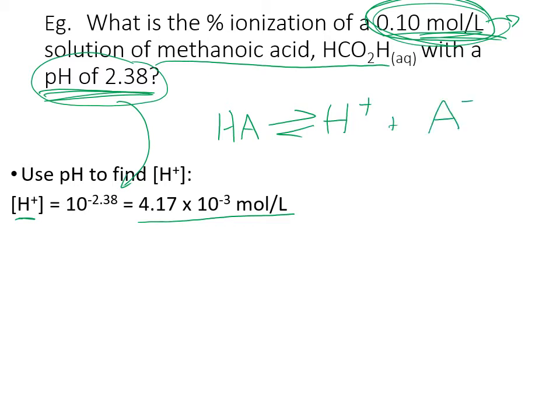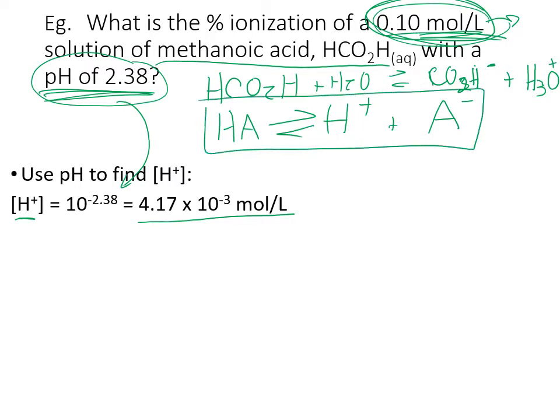The real equation would involve your methanoic acid reacting with water, donating that hydrogen, forming the HCOO minus ion here, with a negative charge, and the water would be what's actually hanging on to the hydronium ion. But we can just use our generic equation for a weak acid and say what's really happening is it's going to give a hydrogen, that's for sure, and there's going to be something left over. So the generic equation is a fine way of thinking of it as well.